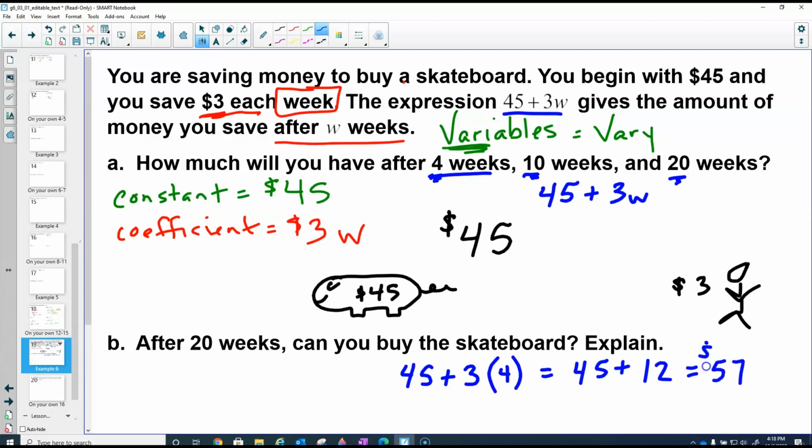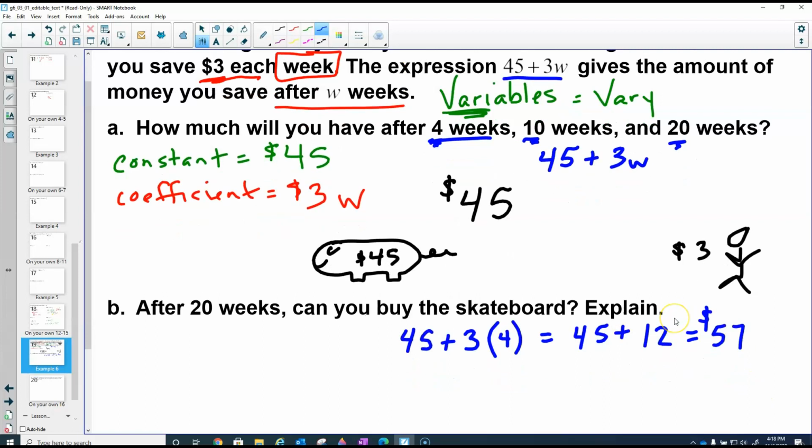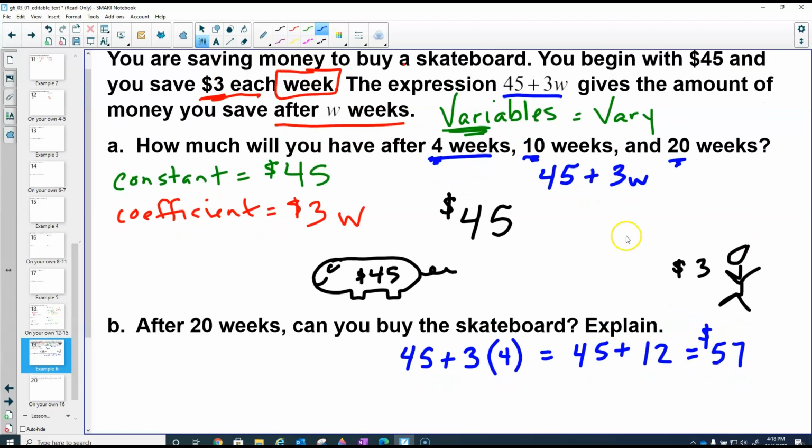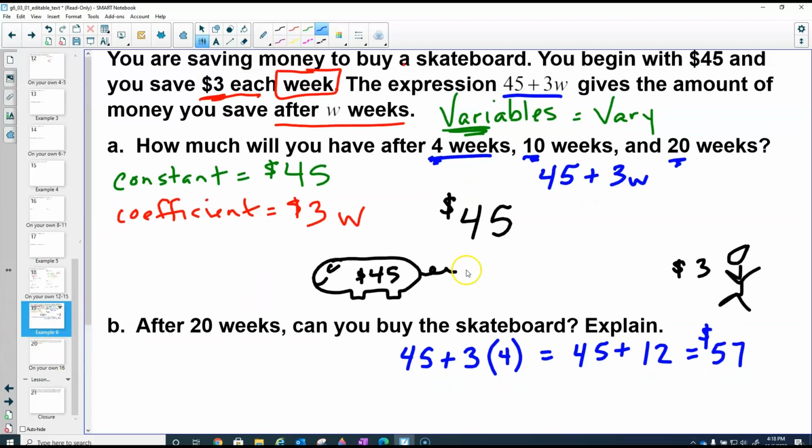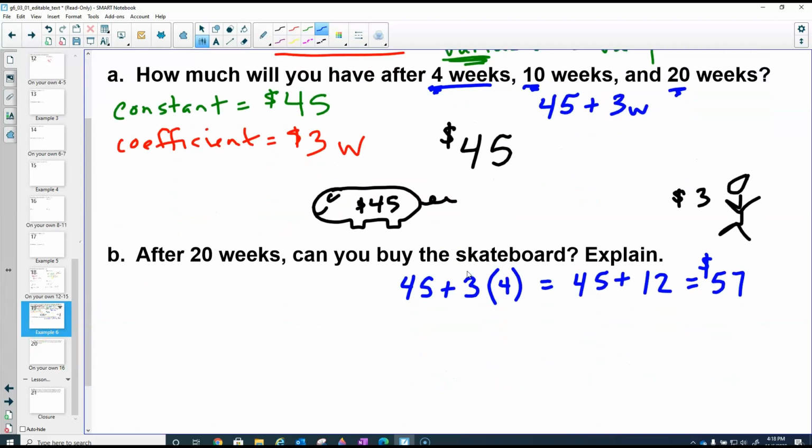I would have $57. So in 4 weeks, I still won't have enough money to purchase my skateboard because it is how much? I think it said $75 somewhere else. I don't see it anymore. The skateboard, I think it was $75.